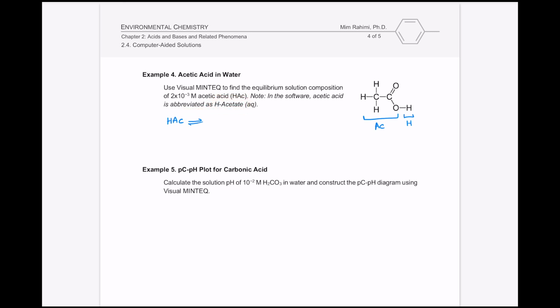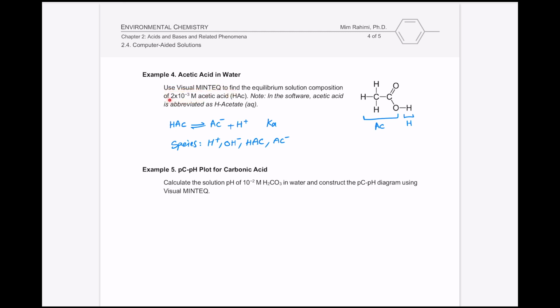It dissociates to AC minus plus H plus with the Ka value. In terms of species, we're expecting H plus, OH minus, HAC, and AC minus. What we need to enter into the software, as you'll see, is just the total concentration of HAC.